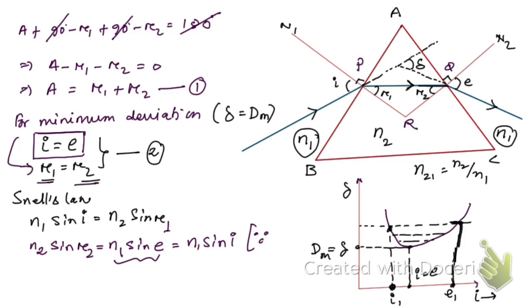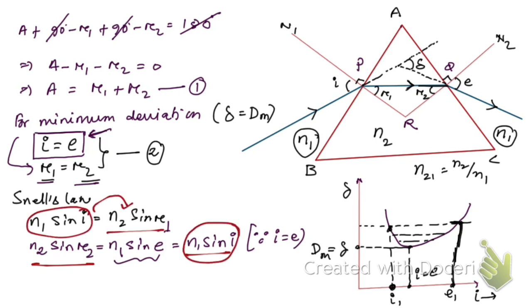So that's why, and also we know that for minimum angle of deviation I must be equal to E. So since I is equal to E, we can replace this E by I. So that's why we have got this relation, right? Now you see, this term is equal to this one, so we can say this term is equal to this one, right? Hope you have understood this.